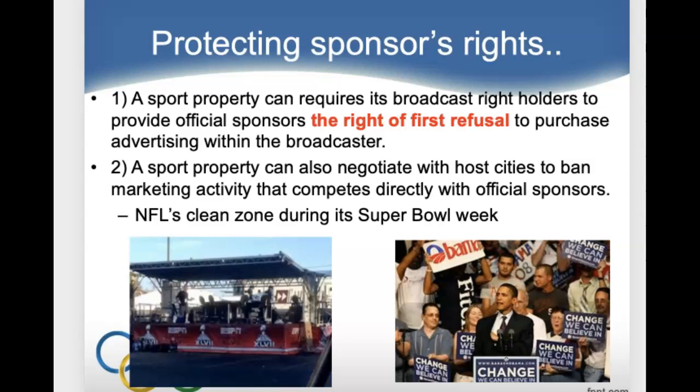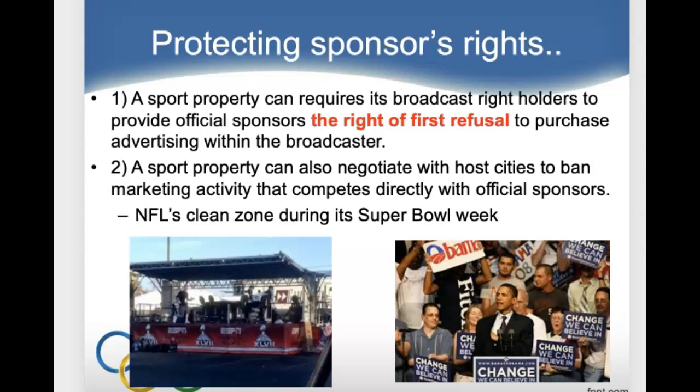One of the very common strategies utilized by non-sponsors is advertising themselves during these events on the official broadcasters. So when you sign a contract with this official broadcaster, you require them to communicate with the official sponsor first.